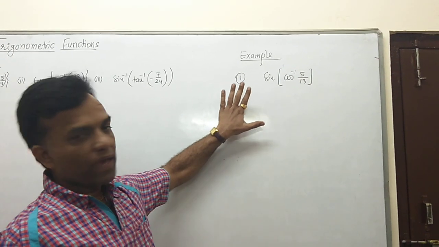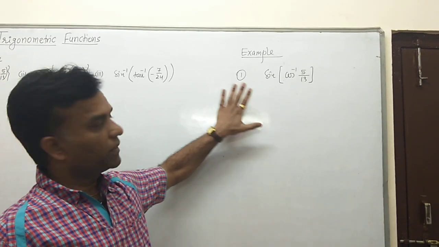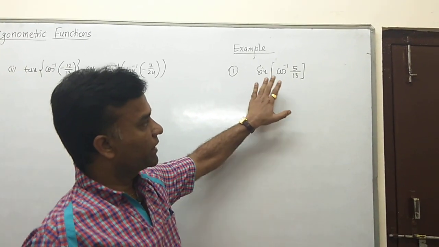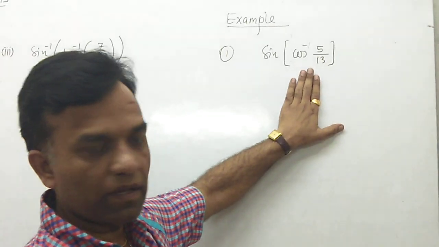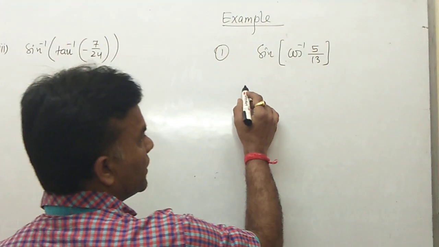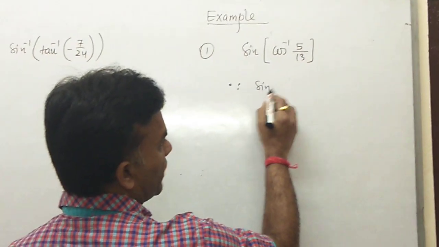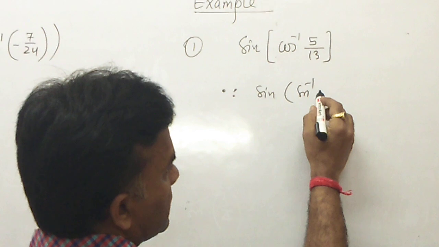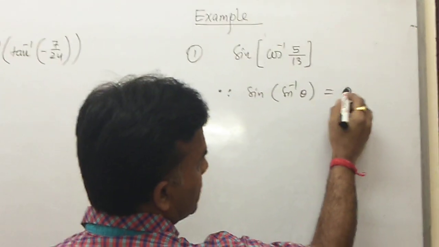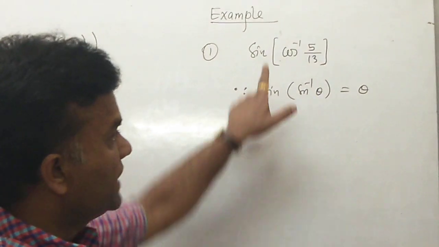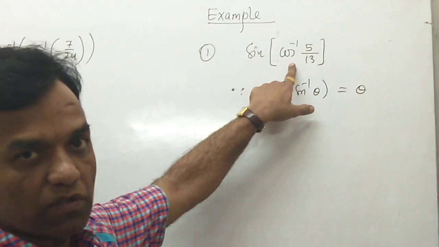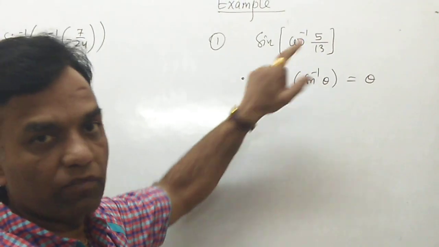Then we have some application part related to the same. Any trigonometrical value like sine inverse theta. First we write down the formula sine inverse of sine theta is equal to theta. But here outside is sine but inside is cos. So this cos is converted into sine first.